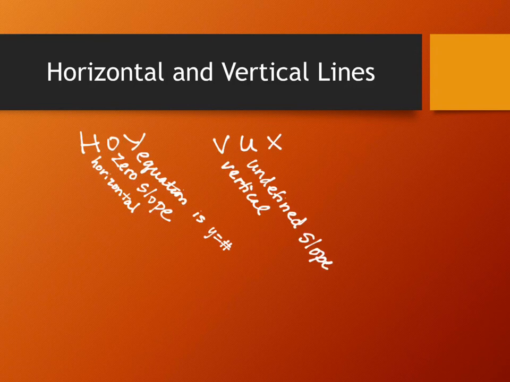And then the X at the end stands for that we have an equation of X equals a number. So if acronyms are your thing, this is a nice one. I really like it, actually. And what it does is it allows us to remember quickly whether I've got a vertical line or a horizontal line without having to sort of reason through it every time.